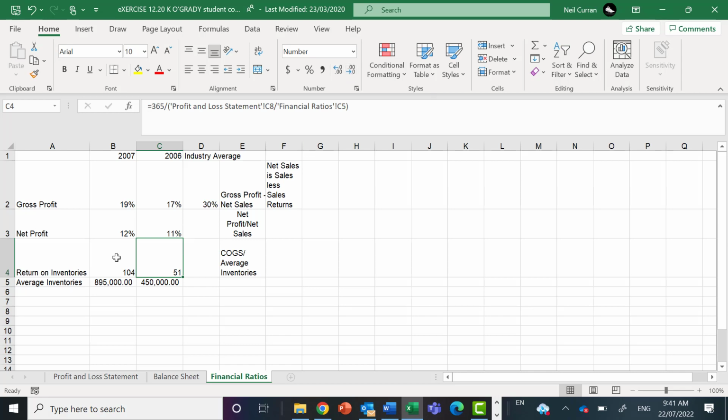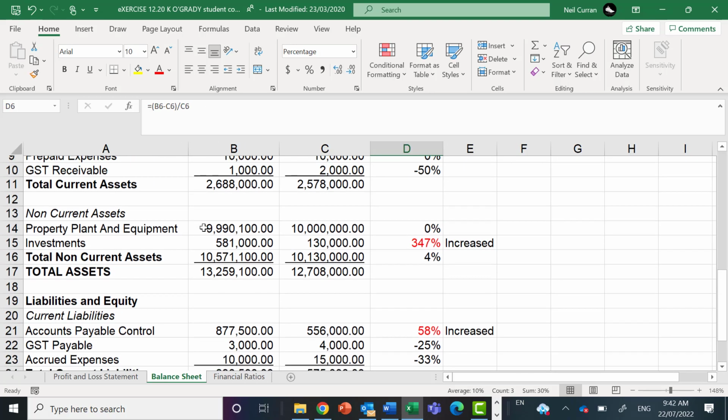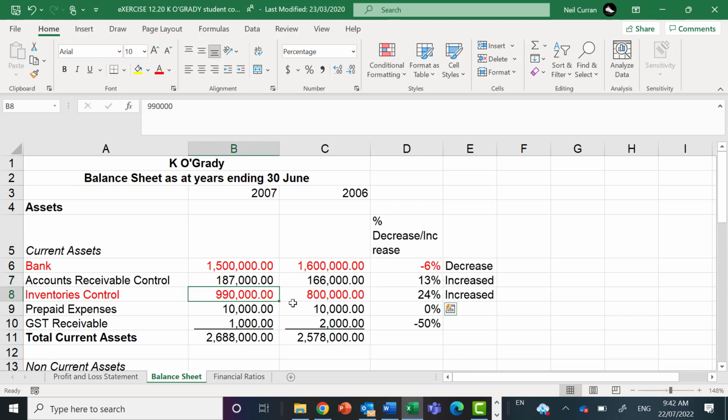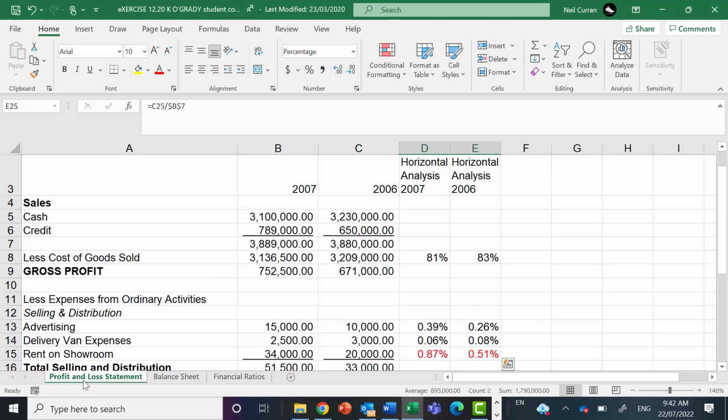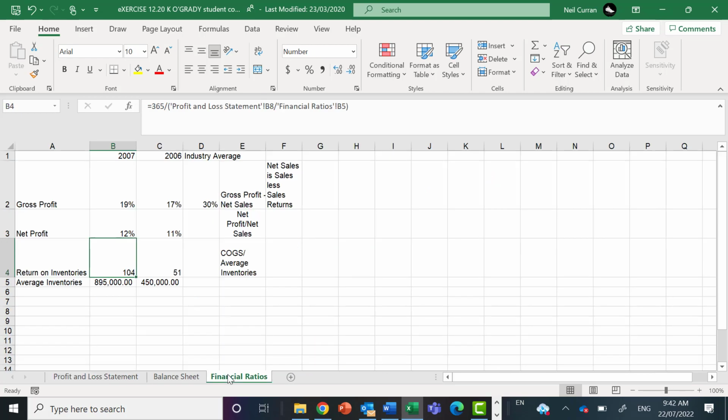So you want this figure to be as low as possible. So you can see here that we are lagging in terms of turning over our inventory, which has resulted in a number of things. First of all, our inventory is increasing, and also our cost of goods sold has increased as well. So they are the two relationships that you need to consider when discussing this ratio.